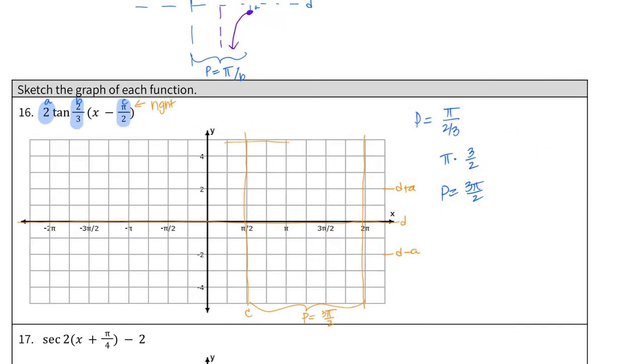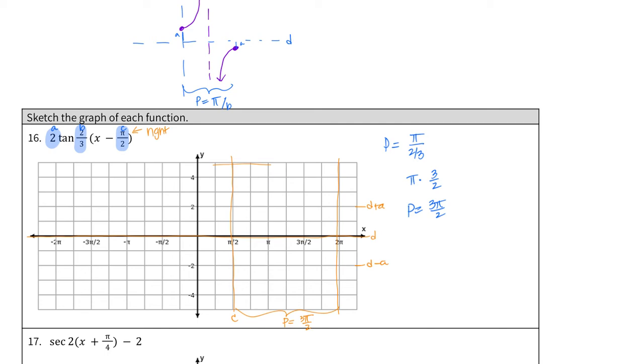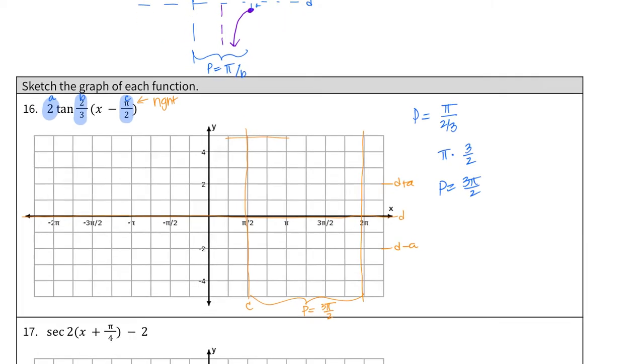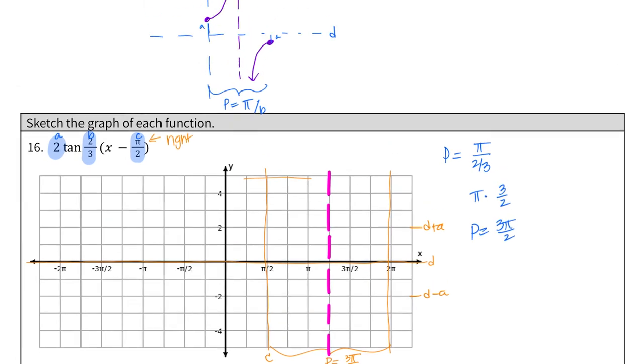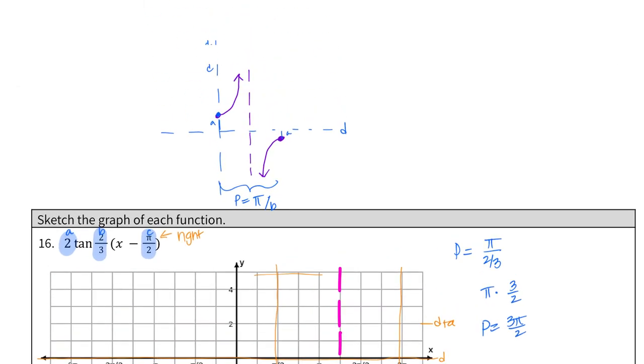Okay, so that little figure that I drew here, for tangent, there is an asymptote right in the middle. So I'm going to draw that first. Then, on the left side, it has an upper critical point and then it points up.